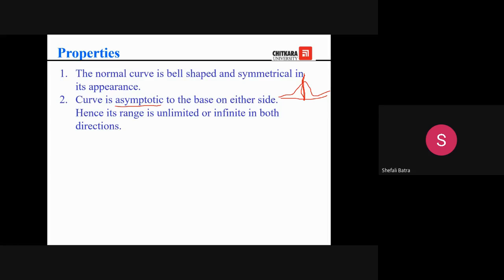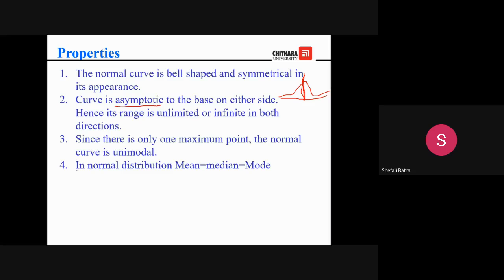It will go parallelly, but it never touches the axis. So it is infinite in both directions. Since there is only one maximum point in this curve, the normal curve is unimodal. It is named unimodal because it has only one maximum point.